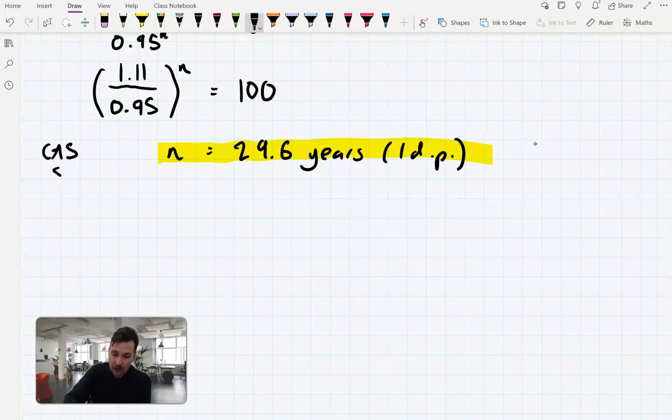So I'm going to write CAS solve, as in computer algebra system, I think it stands for. That could be wrong. But you want to say how you've actually used your ClassPad to work out the question. You can't just say ClassPad or CAS, you've got to use the actual function that you use. So in this case, we're using the solve functionality of the ClassPad.